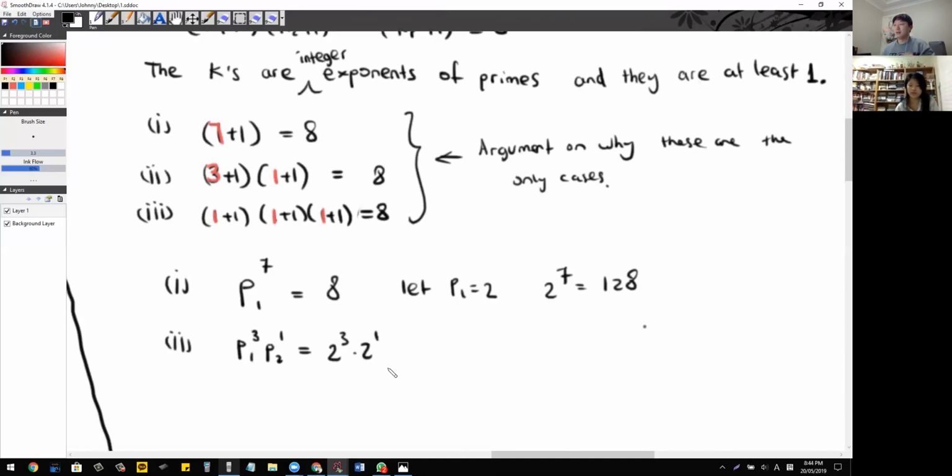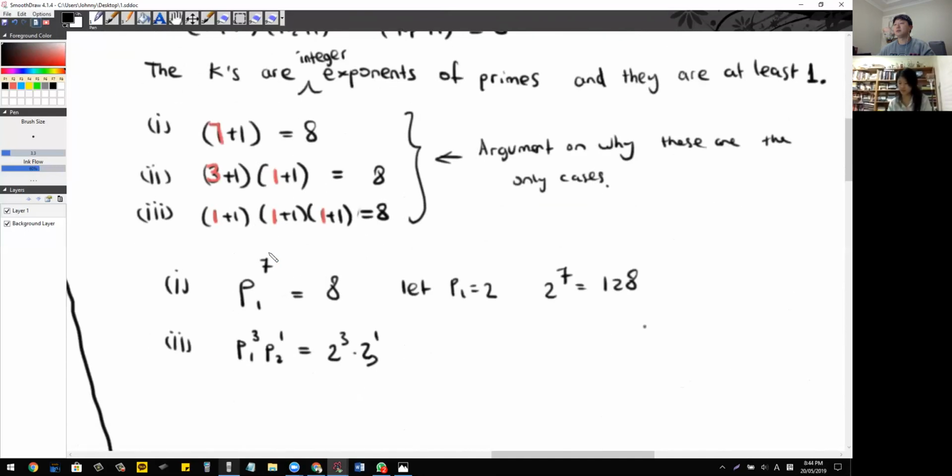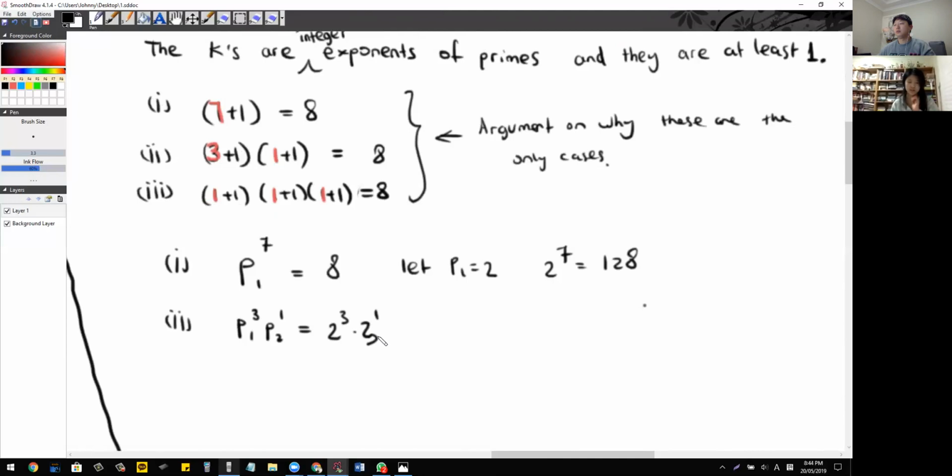Should I get rid of that? Because does it still work if it's the same prime? No, no. I think it'll have to be a different prime, because we defined it over here. Should we try using the same prime and see if it still works?